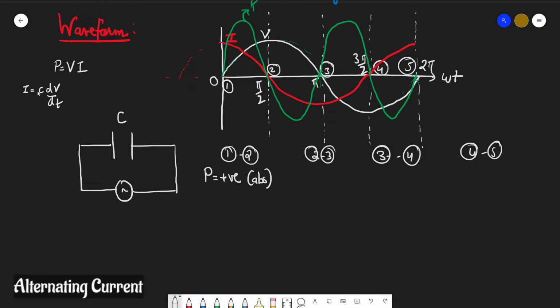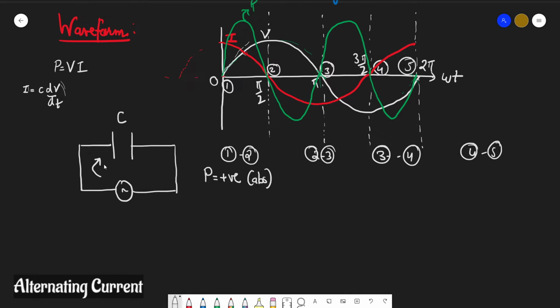The slope of the voltage will tell you about the current status at different intervals. Let us see the slope of voltage from 1 to 2 first. In the 1 to 2 region, the slope of voltage is positive, and the current direction is positive. Let us say the current is flowing like this in the 1 to 2 time.